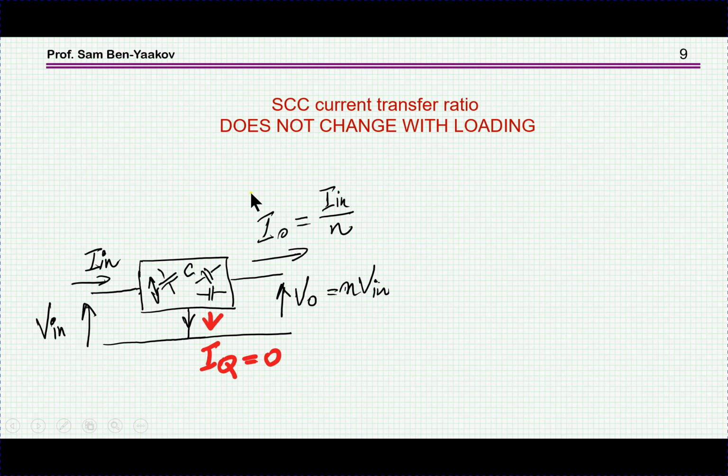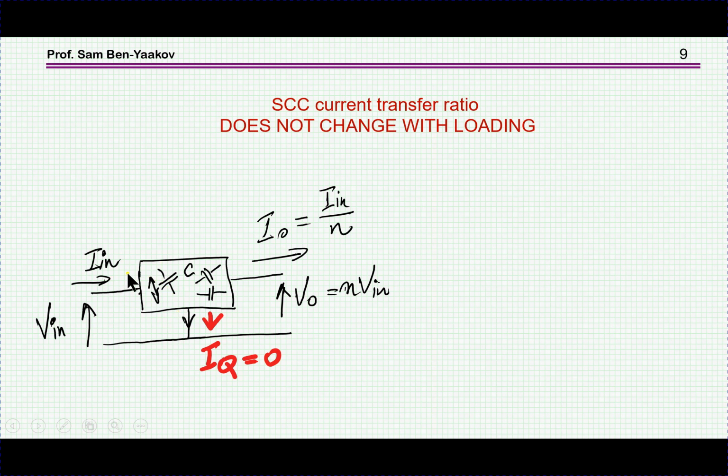Now, it is important to realize that the current ratio does not change with loading, okay? And first of all, I give here sort of an explanation, and then we'll see a couple of examples. The explanation is the following. In this system, there is no current going to ground, because you have a capacitor which is charged and discharged, charged and discharged. There is no current that is flowing this way.